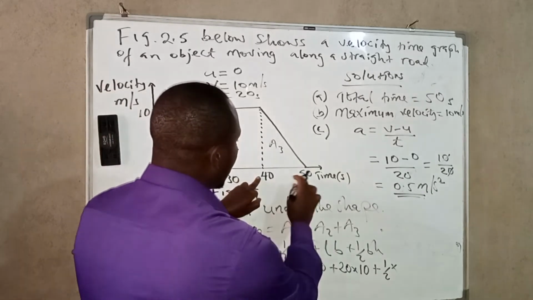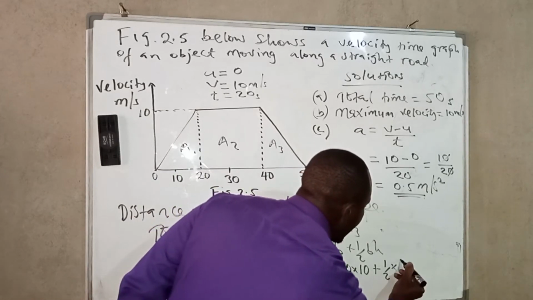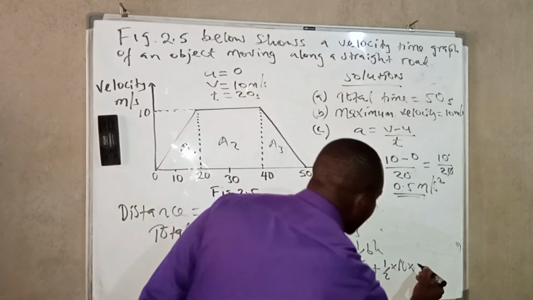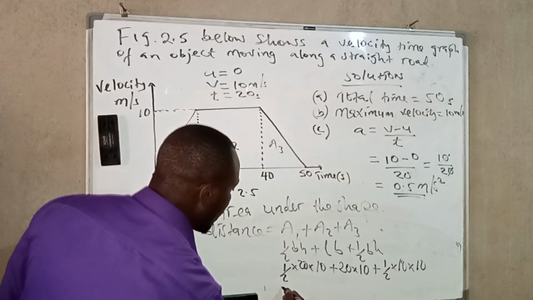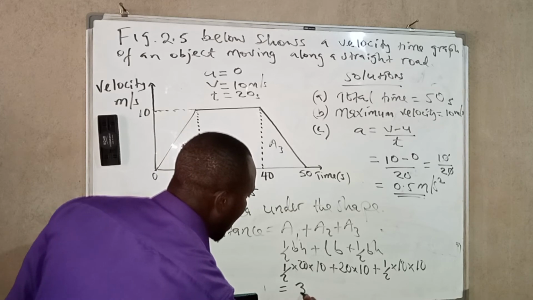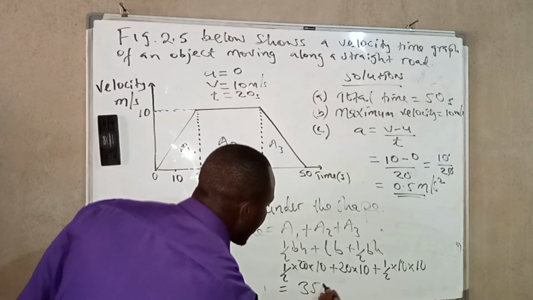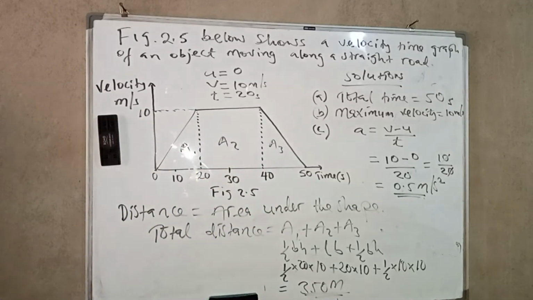From 40 to 50, it is 50 minus 40, which will be 10, times the height, which is 10. So if we add all these, we are going to get 350 meters.